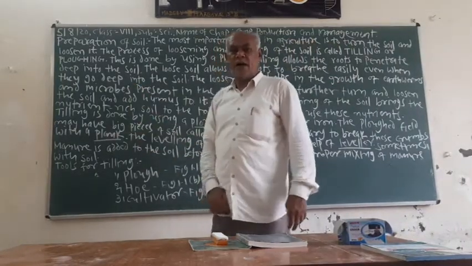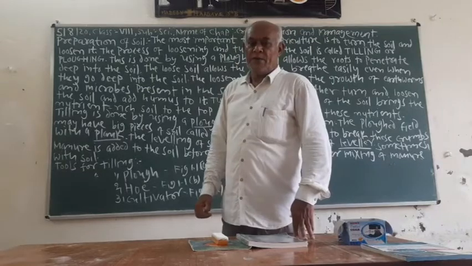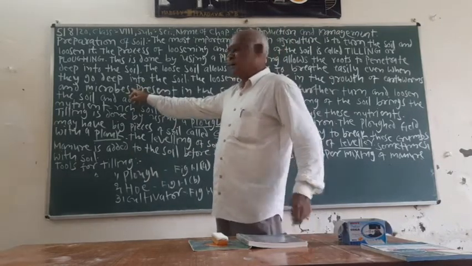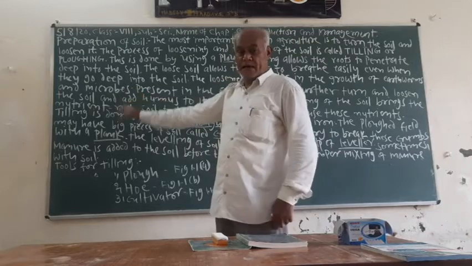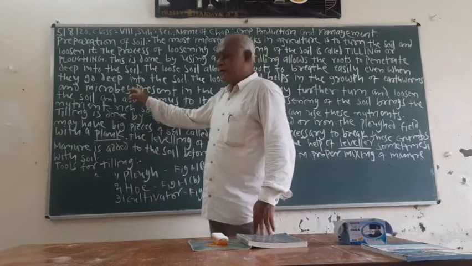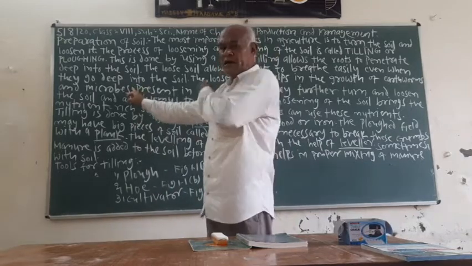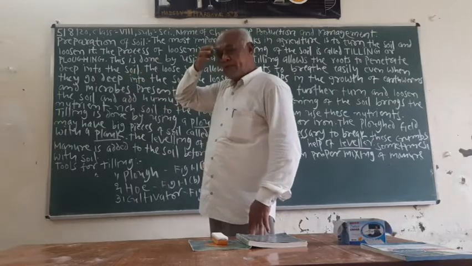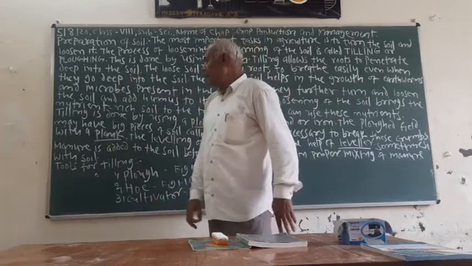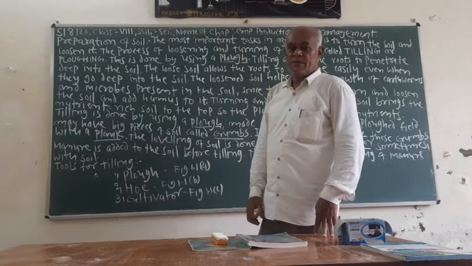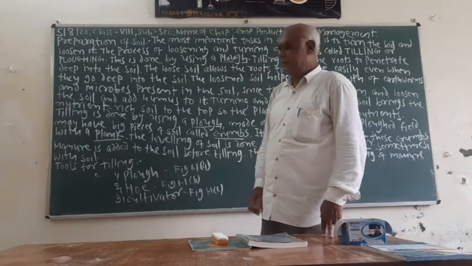These microbes are environment friendly, crop friendly and soil friendly, like rhizobium bacteria, which increase the nitrogen nutrient in the soil. So these crop friendly microbes are increased by tilling the soil, and earthworms are also increased.